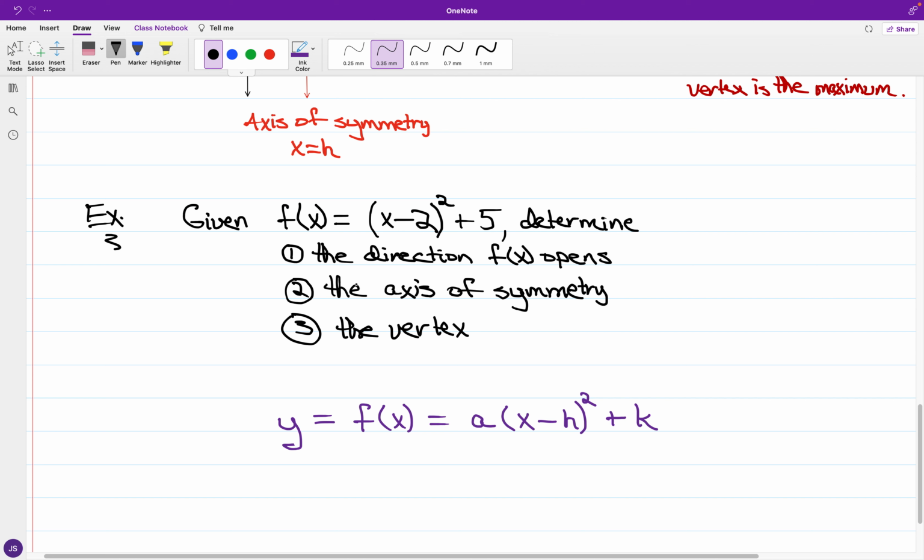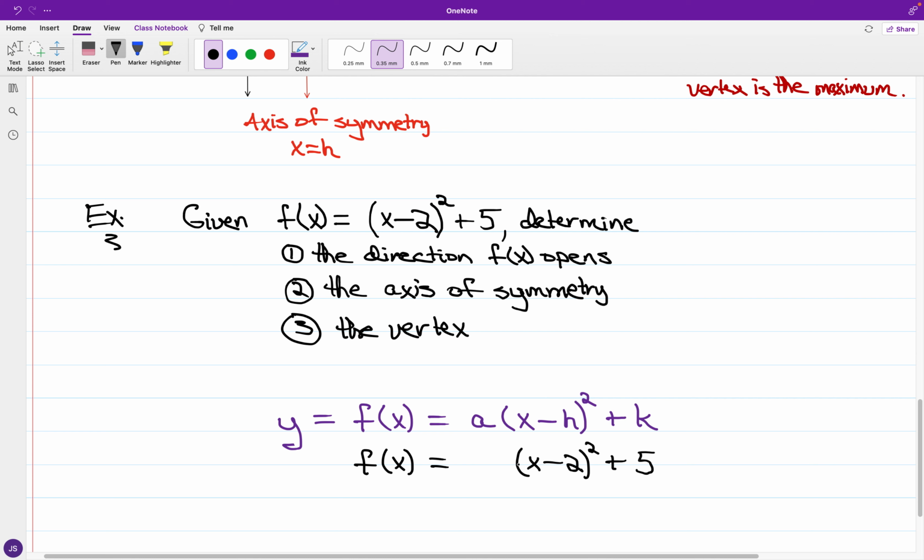All right. Now, for this particular function, f of x is equal to the square of x minus 2, followed by the addition of 5.